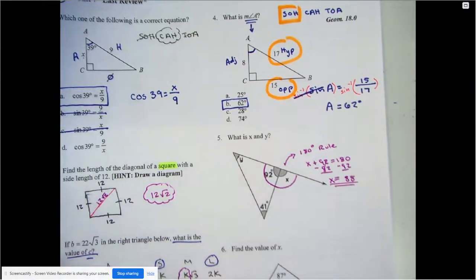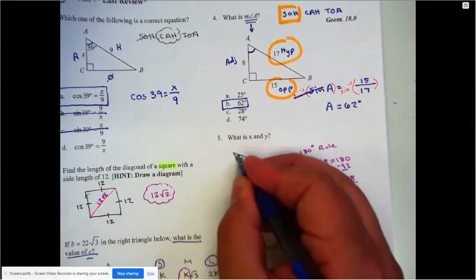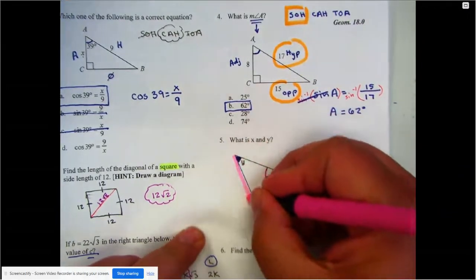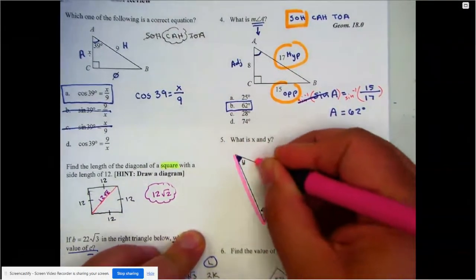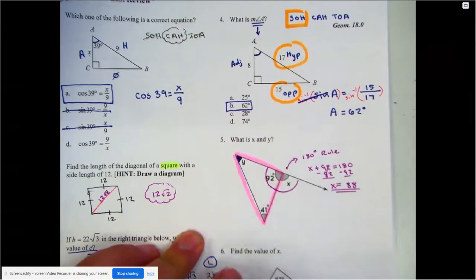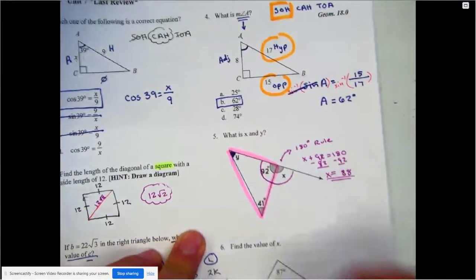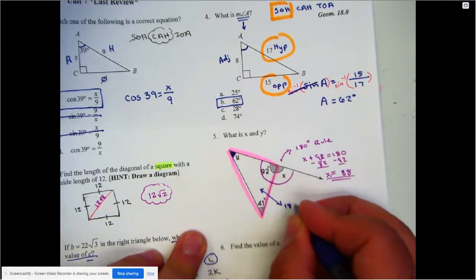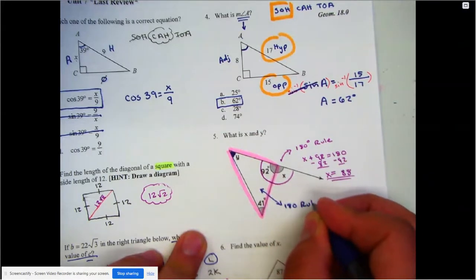Now, on the other hand, when I'm looking for the y over here, well, we actually have a full-on triangle this time, which means if we have a full triangle, well, that's also its own 180 rule that we've seen in the past. So we're going to use the 180 rule again, but in a different format.